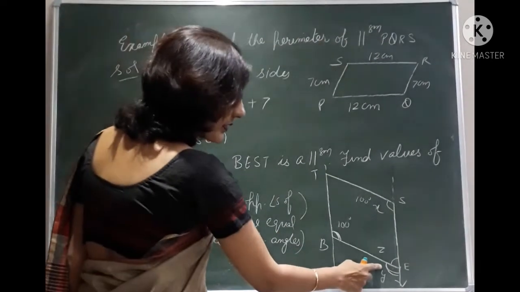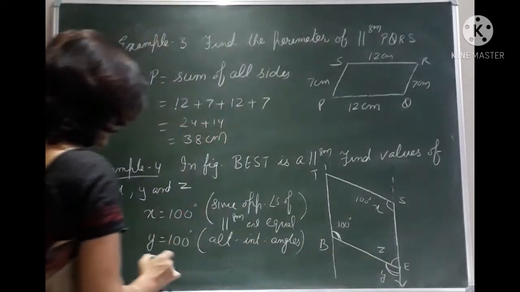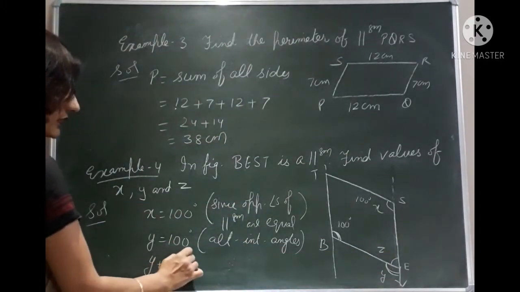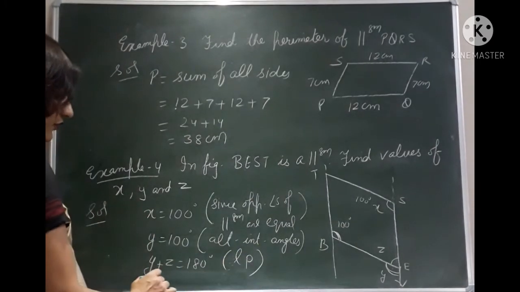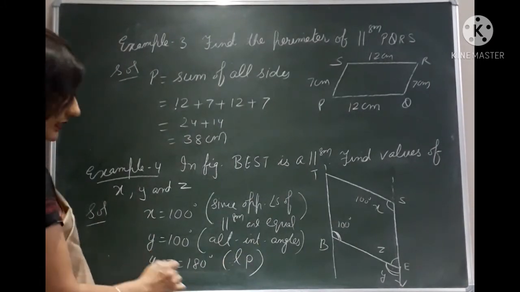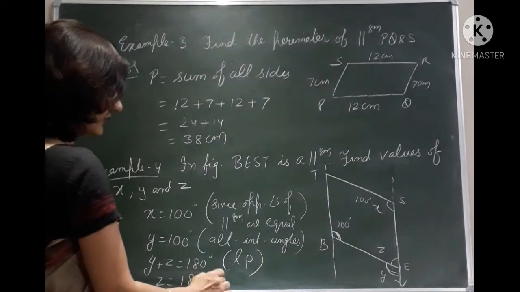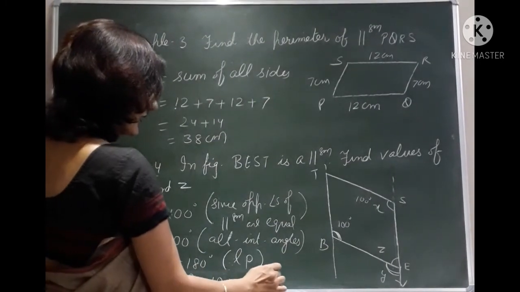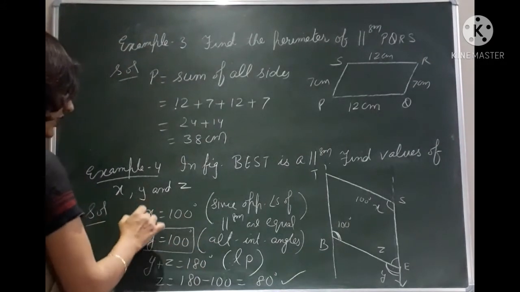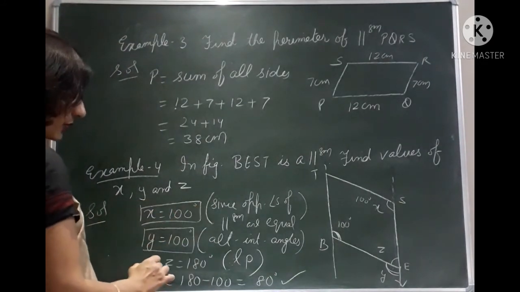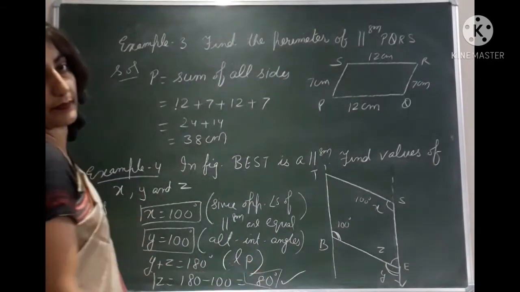Now y is 100 degrees, and y plus z together make a linear pair, that is 180 degrees. So you will write here linear pair. Therefore z equals 180 minus angle y, that is 180 minus 100 equals 80 degrees. So this way we have found all three, angle x, angle y, angle z, using the properties of a parallelogram.